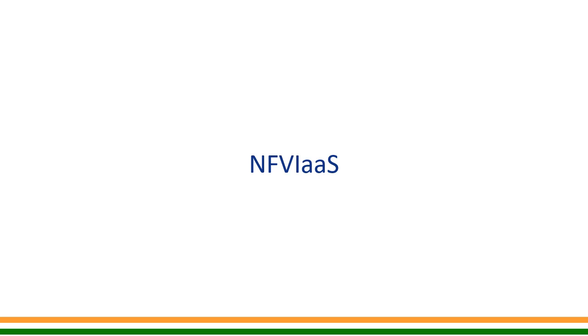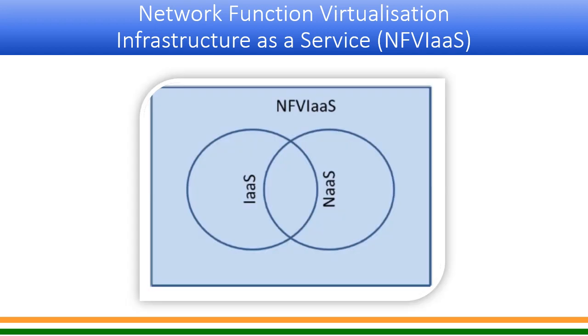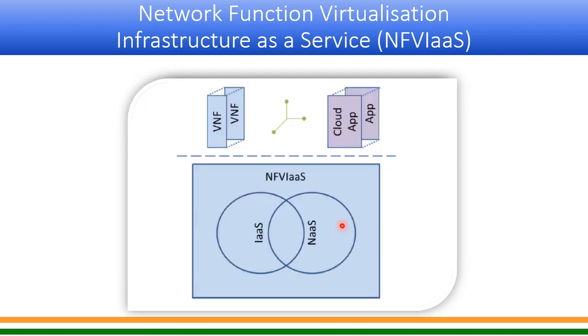Okay, so now let's move to network function virtualization infrastructure as a service, NFVI aaS. Now you may have infrastructure as a service, you may have network as a service. So overall it is NFVI as a service. If you look at this particular diagram, you have NFVI as a service, and on top of this you have VNF, or you may have any other cloud application.